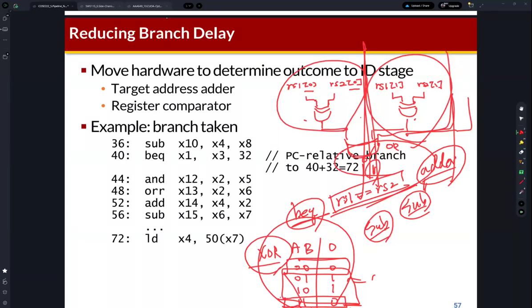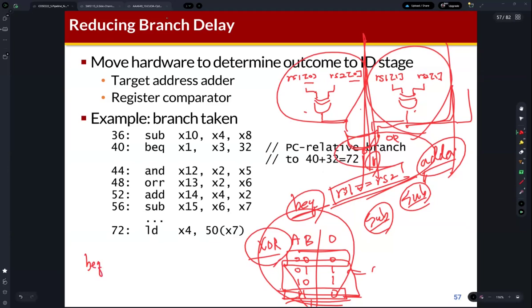Because for BEQ, we can just check equal. For BNE, we just check not equal, but for BLT, we need to check less than. For BGE, we need to check greater than or equal to.